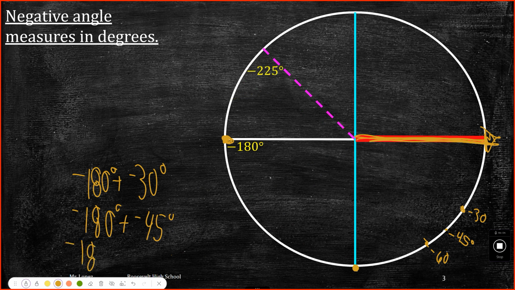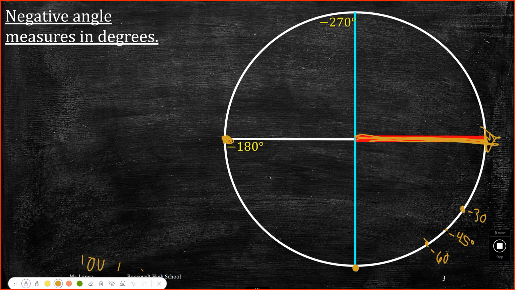Negative 180 plus negative 60 is negative 240. Then the top one, negative 270.